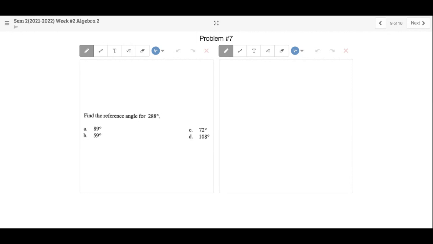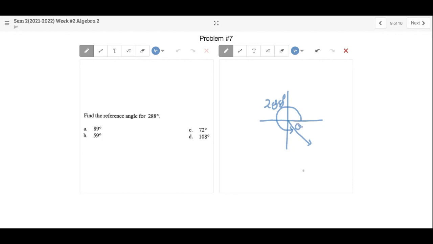So the answer is 72, C, for the next question. Okay, and here's my work. If this was a problem on the assessment, here's my work. Positive 288. I know that this is 90, 180, 270, and 288 is right about here. So this is 288 degrees.